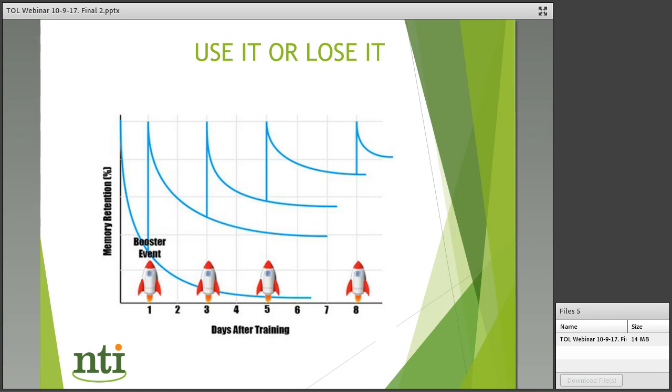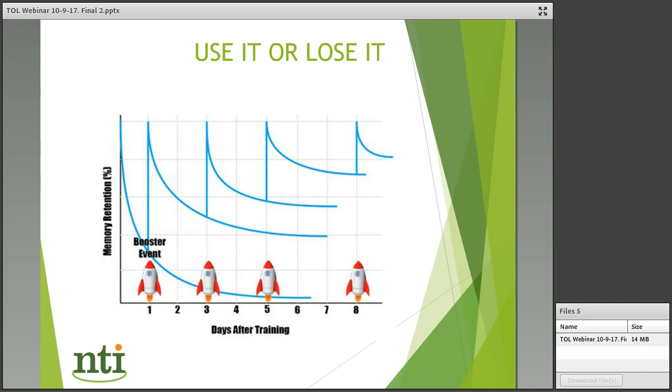For example, let's say that a state has a completion date of a particular module on a particular day. I realize that people are going to be completing it within a window, but we want to make sure that we're sending out some type of booster event very close to that time frame, because if we don't, we're not going to recall the information.